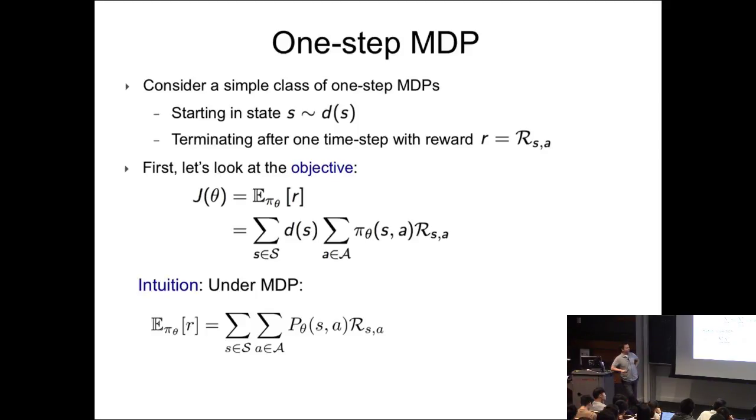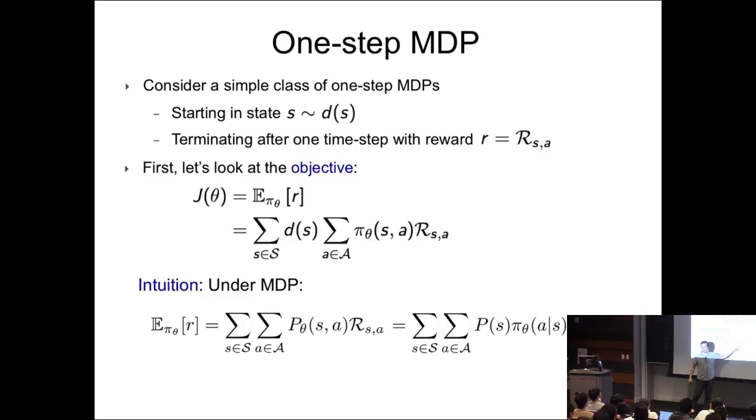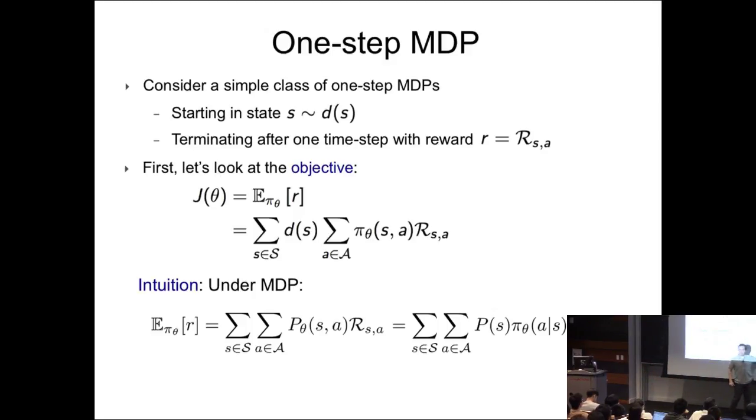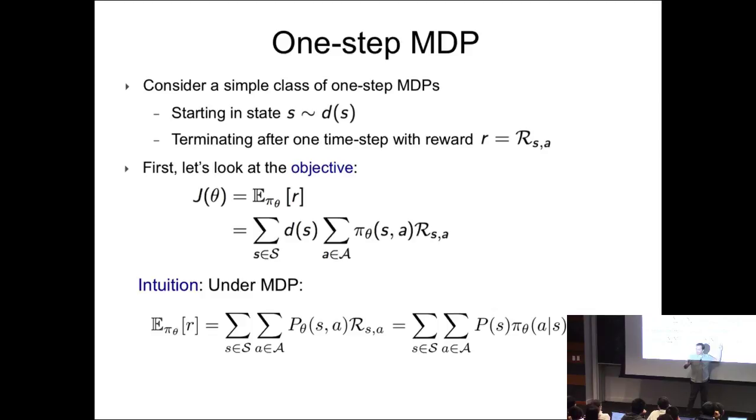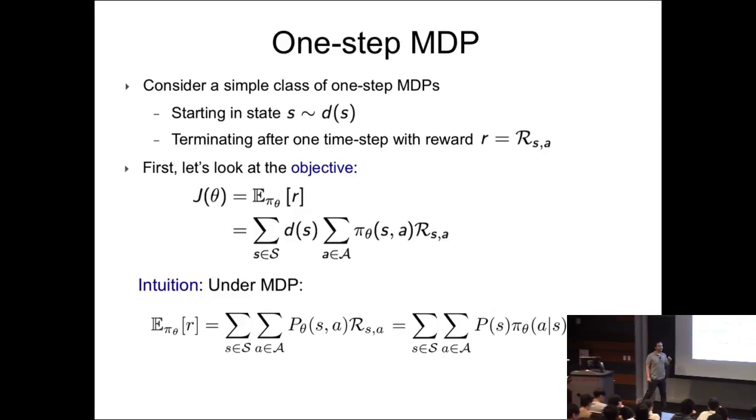So what's the intuition, right? And that's exactly what I was saying. Under the MDP, the expected reward, one-step MDP, is you sum over all states, you sum over all actions, and you have this quantity, the joint probability of state and action, right? And I can basically write it down as the probability of the state under my Markov decision process, probability of the action given the state, and the reward, right?